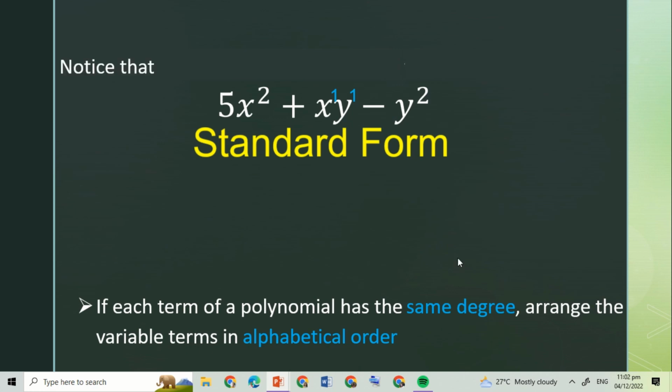Why? Notice that the exponent of x is descending to 1, while the exponent of y is ascending, 1, 2.